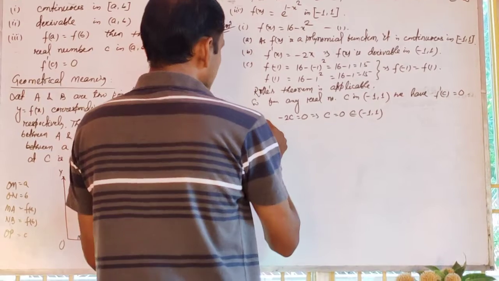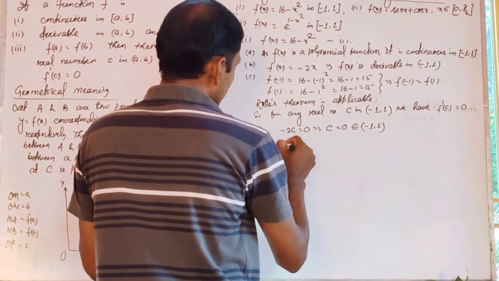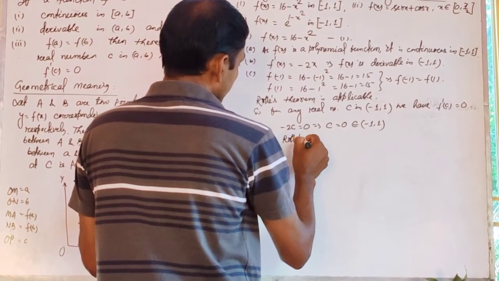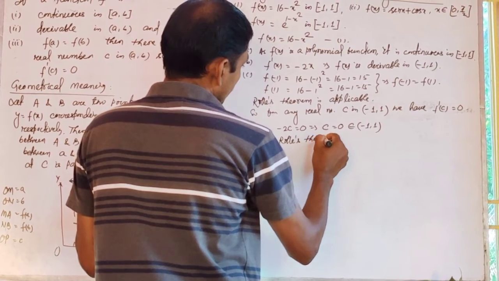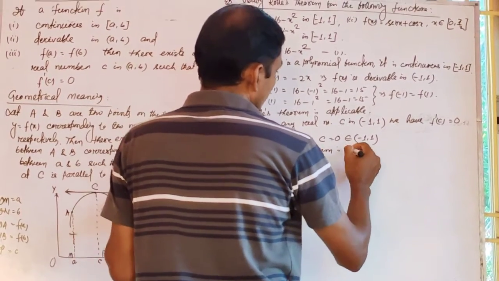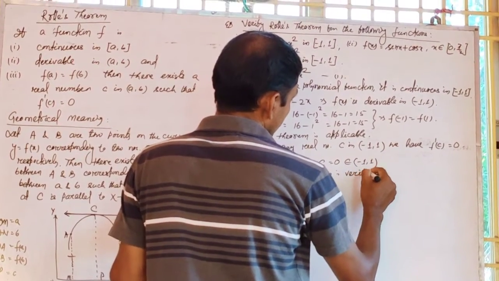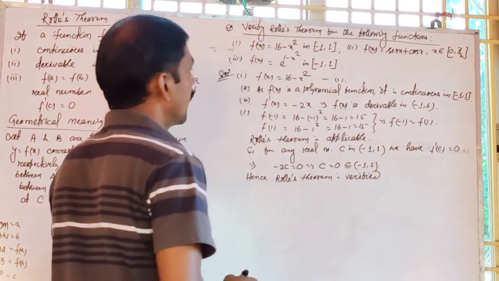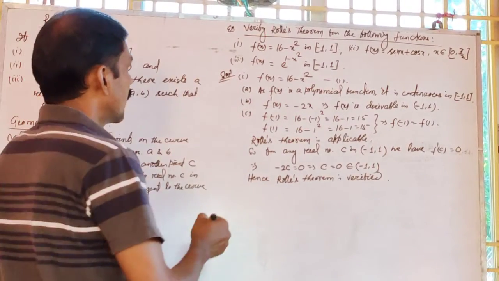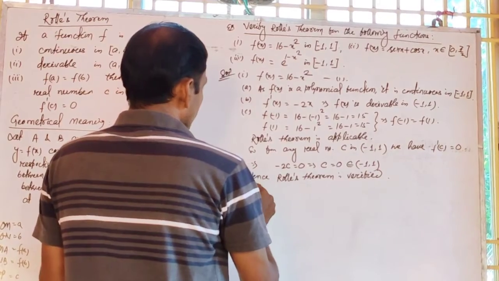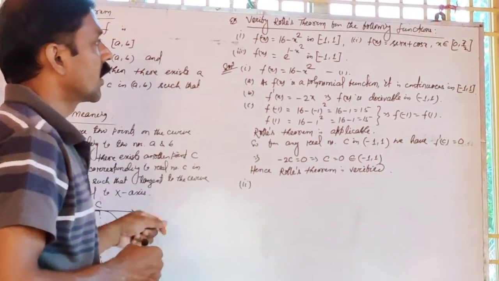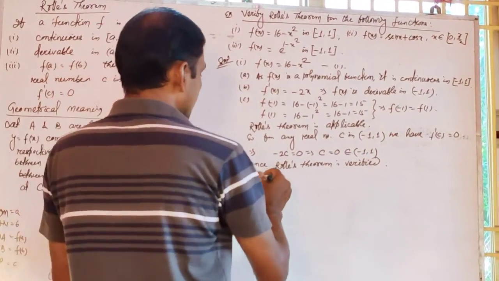Okay. At last we write, Rolle's theorem is verified. Okay. Then second, f of x is sin x plus cos x.